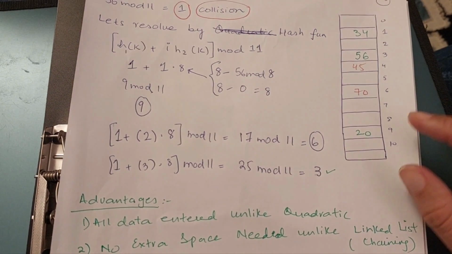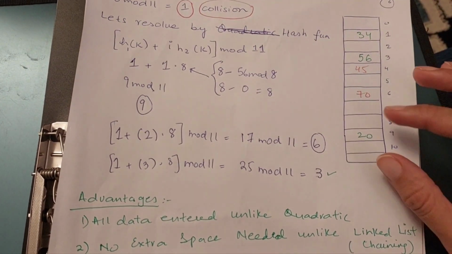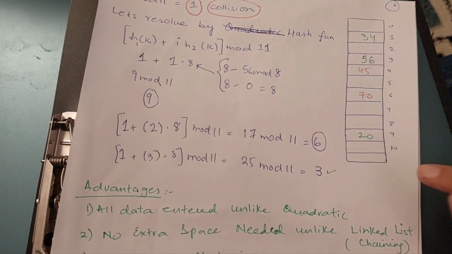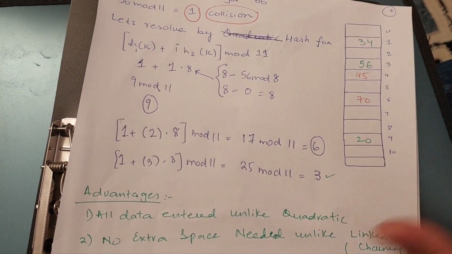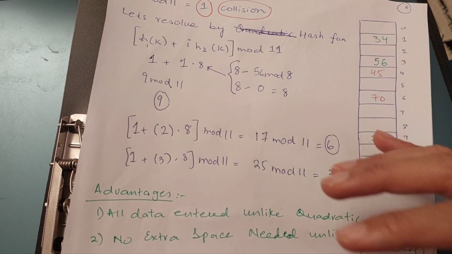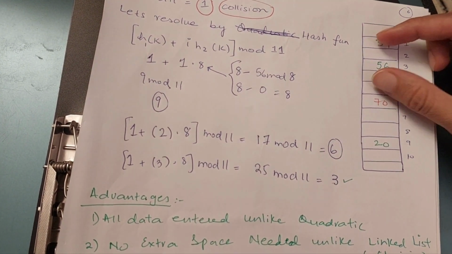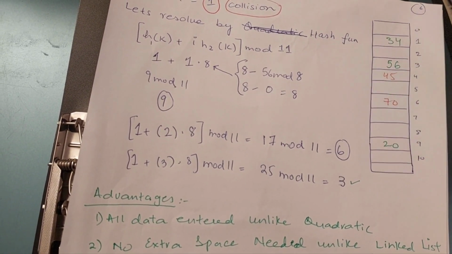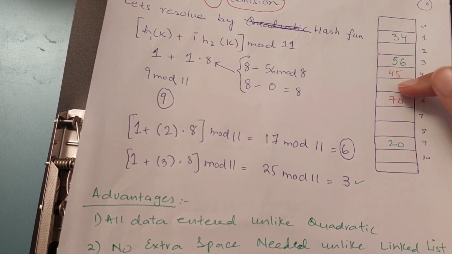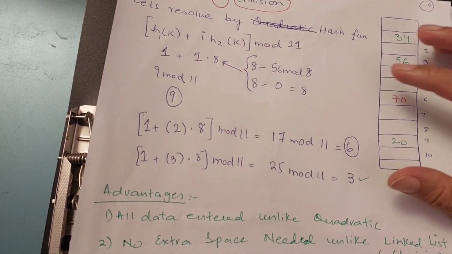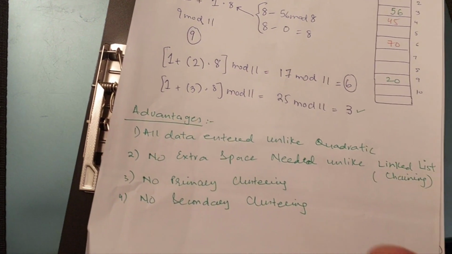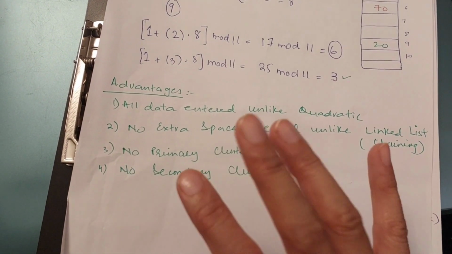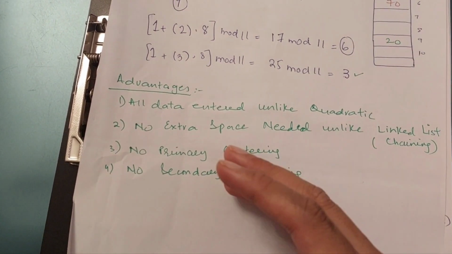Generally, the probability of entering a new number in this data structure should be 1 divided by 10 for each and every location. But this is not the case. Whenever you have a cluster of data over here, in the case of linear probing, there is a very high probability that the new entry will definitely come on this location. So this is called primary clustering. This is the big problem in the case of linear probing. But right now we do not have any such problem. We do not have any primary clustering.